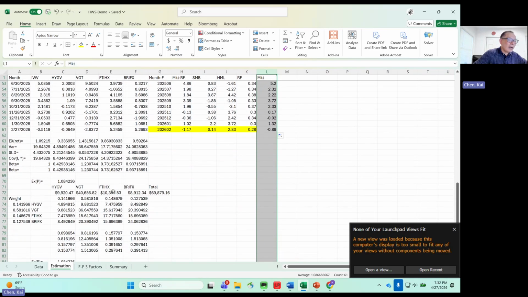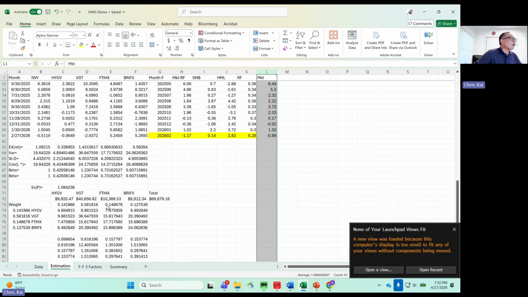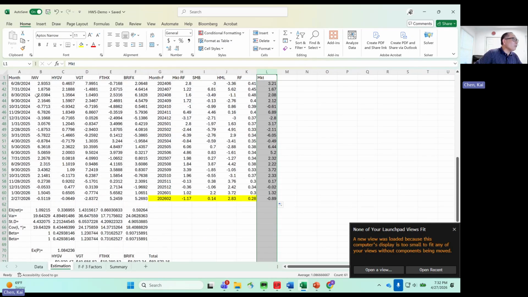After we replace this column with this column, the results would be updated automatically.